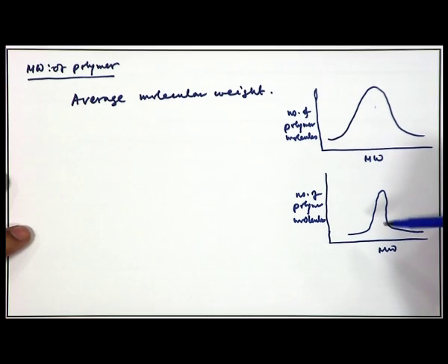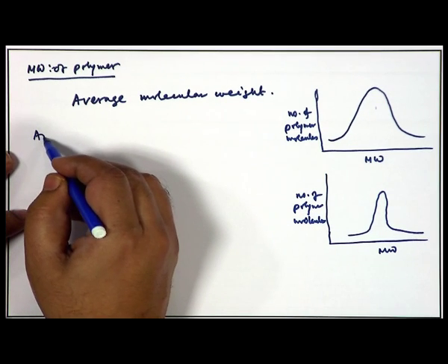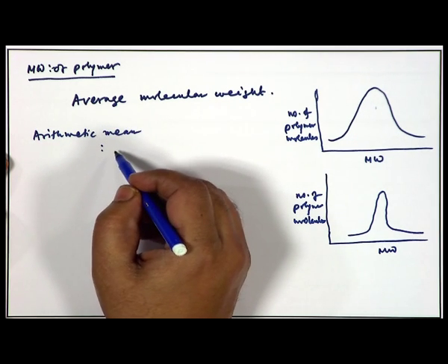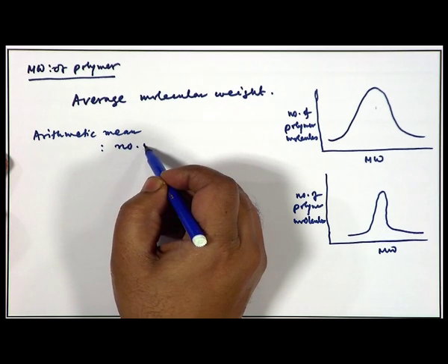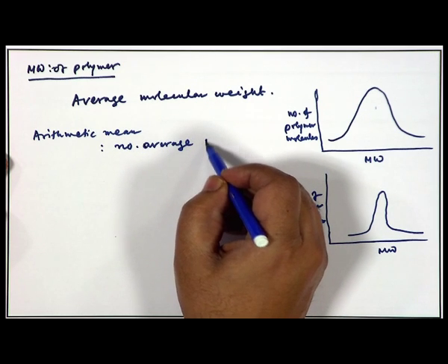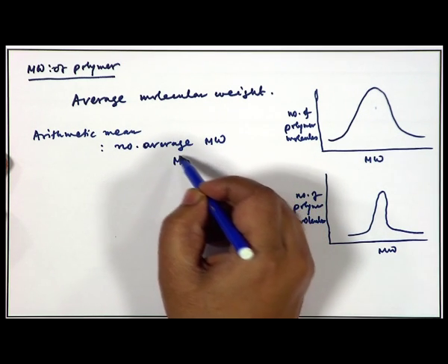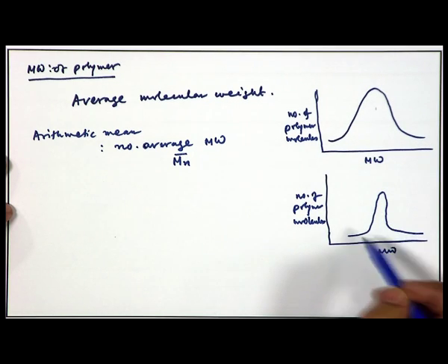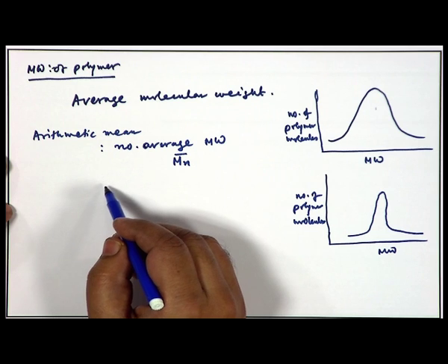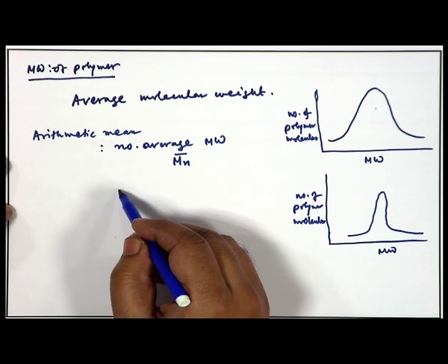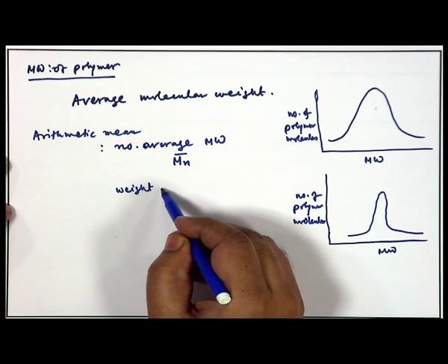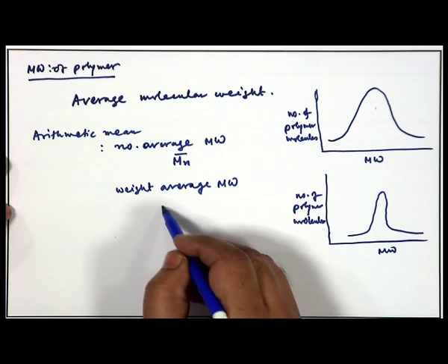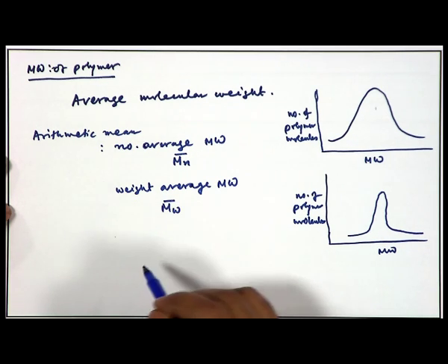So, in this case besides the arithmetic mean or arithmetic average, which gives us the number average molecular weight, expressed as Mn bar, we also define another average to express the distribution, which is called the weight average molecular weight, written as Mw, where the bar means average.